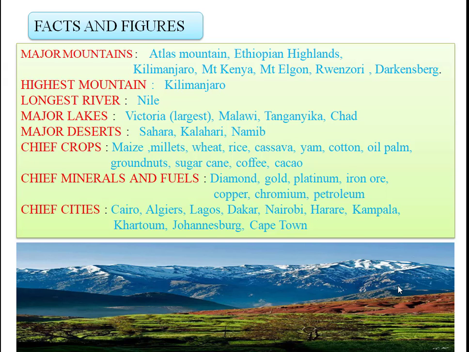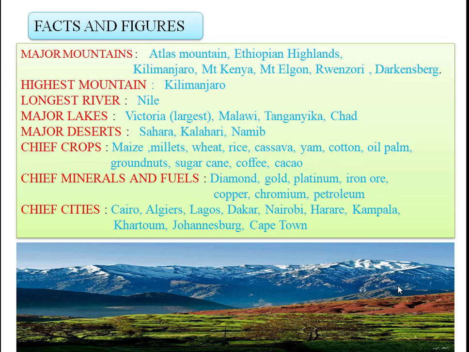Chief crops: maize, millets, wheat, rice, cassava, yam, cotton, oil palm, groundnuts, sugarcane, coffee, and cocoa.